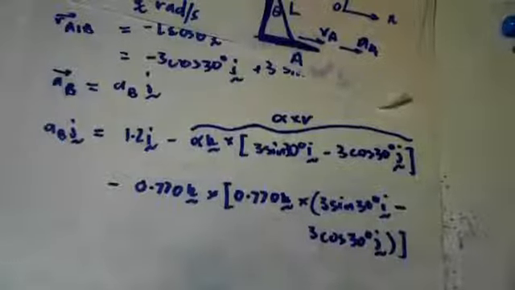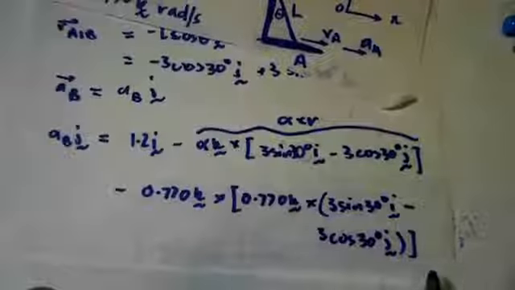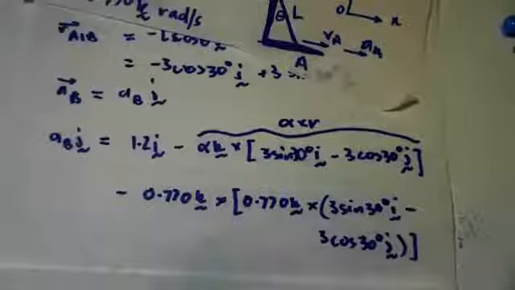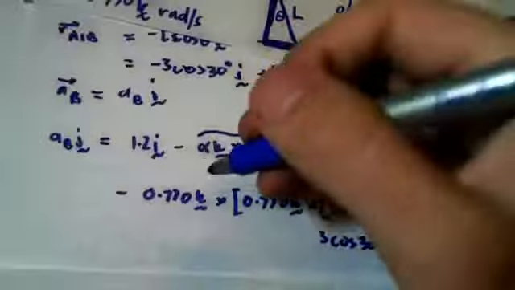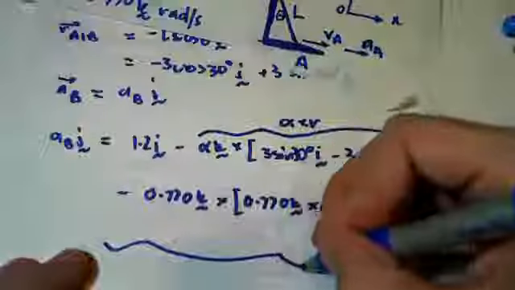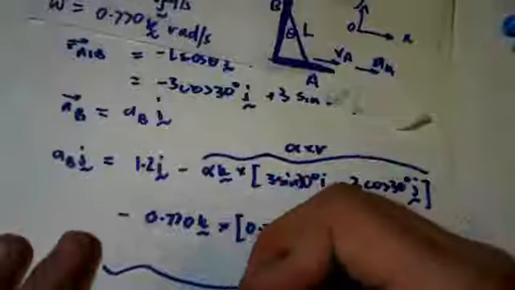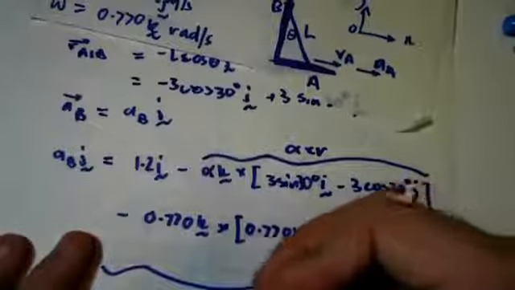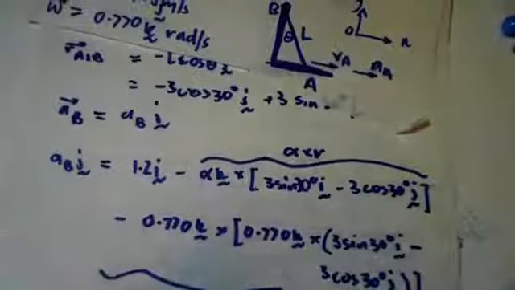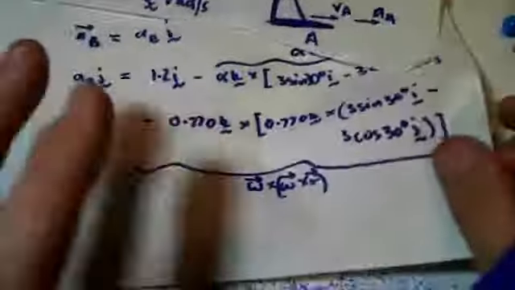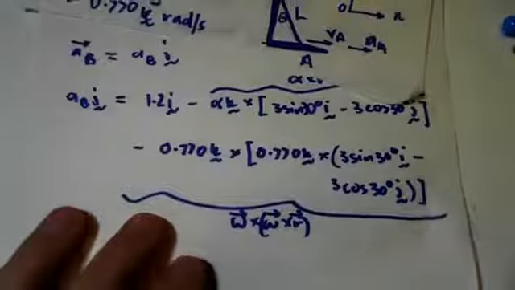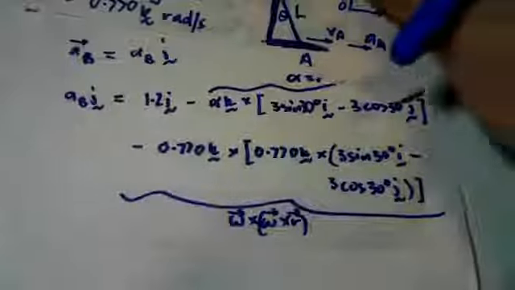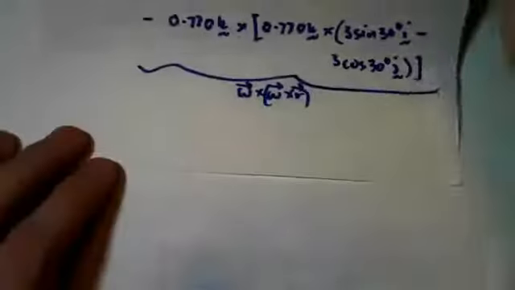Okay, so the next thing we have to do is solve this term in here, and then we're going to solve our alpha cross r term simultaneously. So this is our omega cross r term here. What we might want to do is move these out of the way.